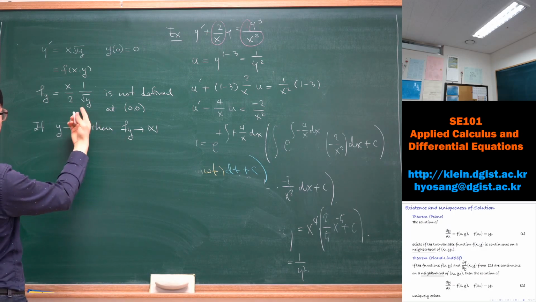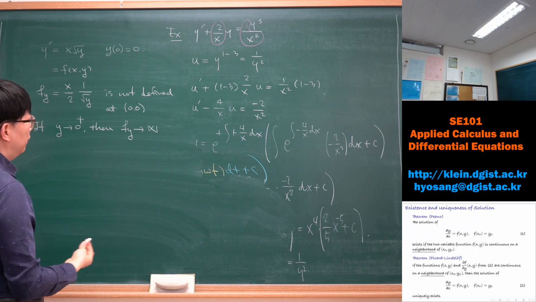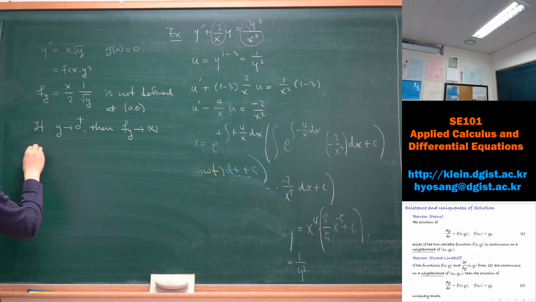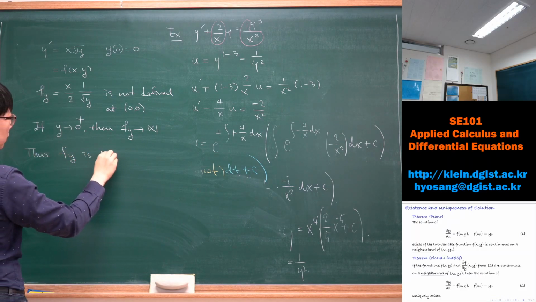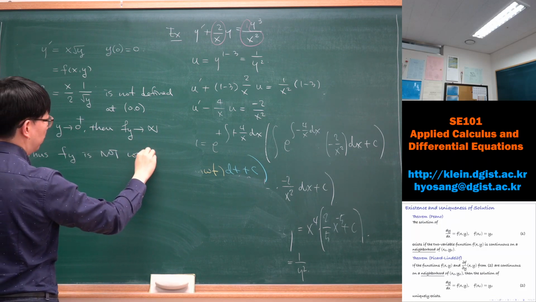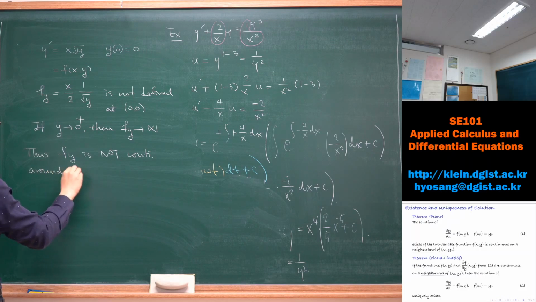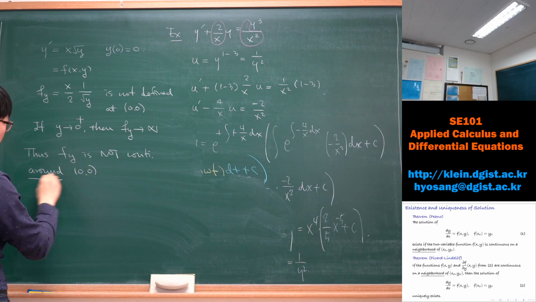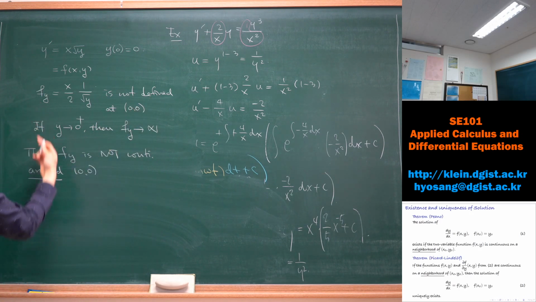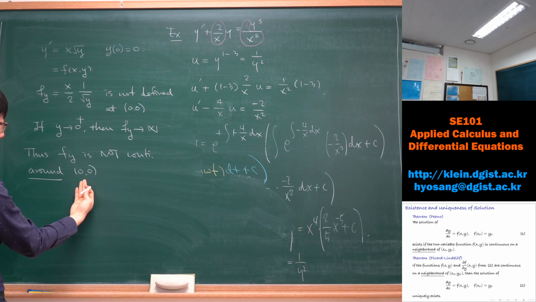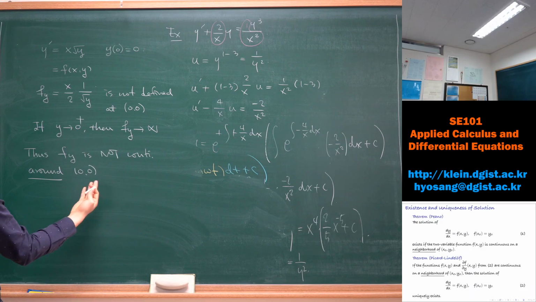Then the value of f_y goes to infinity. So this is not continuous. f_y is not continuous around (0,0). At x we have no value assigned for f_y. Around (0,0) in the two-dimensional plane, f_y is not continuous.